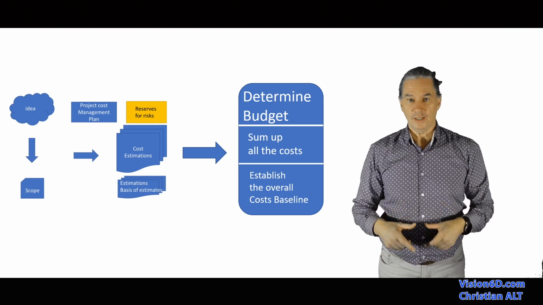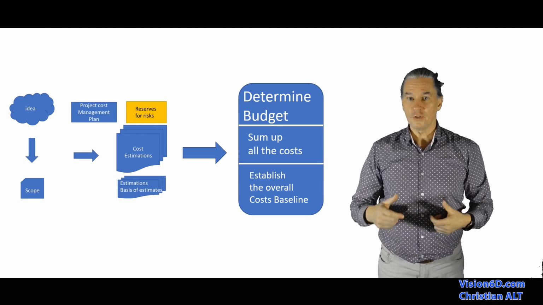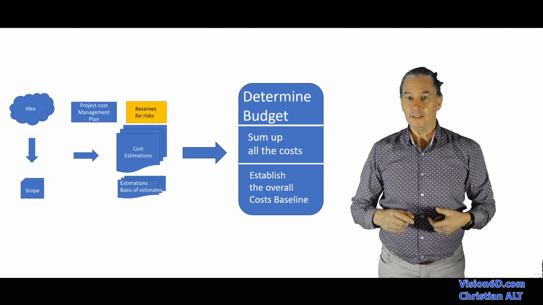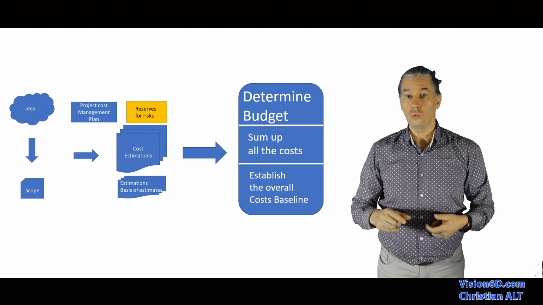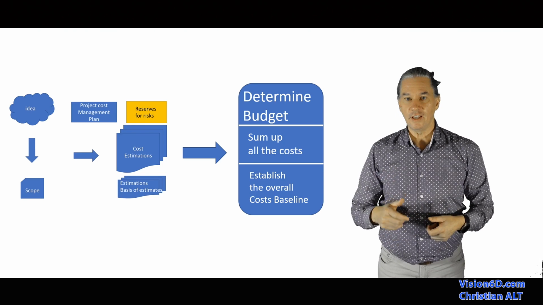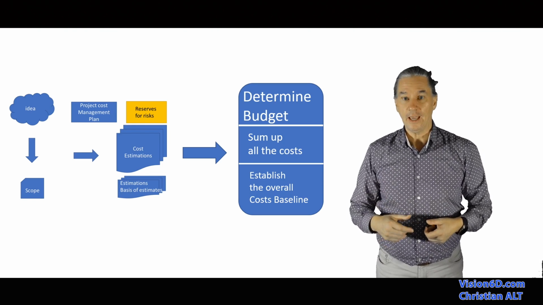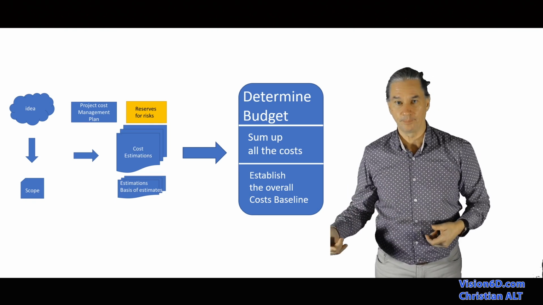Once the budget is established, it will be the baseline of the spending in the project. It means that we know what the different amounts within that budget will be attributed to, and we will also know when we are going to spend them.